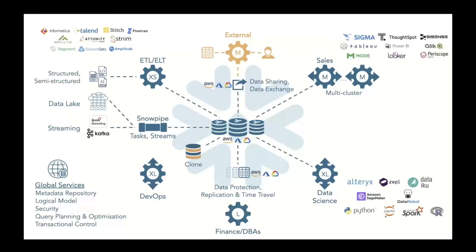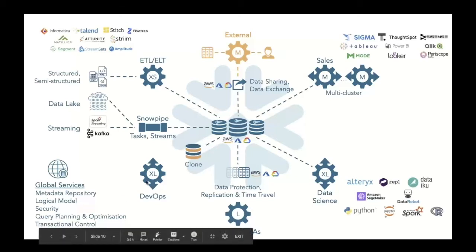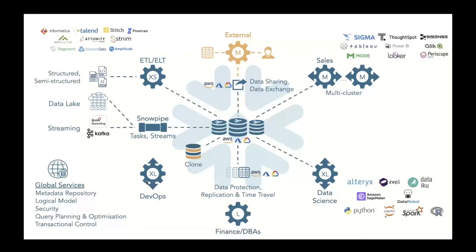So, this diagram looks a little complicated, but really the takeaway I want you guys to come away with by looking at this is to see exactly what can be accomplished by separate storage and compute and workload isolation on the Snowflake platform.